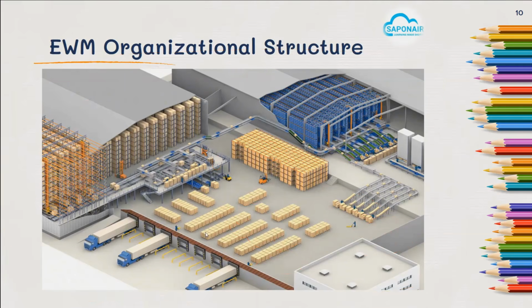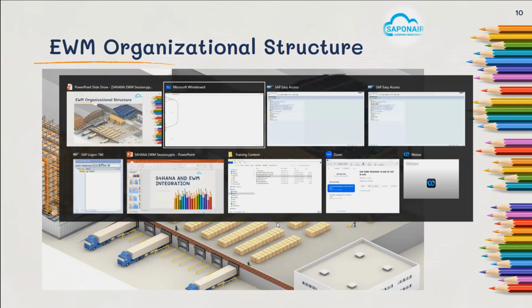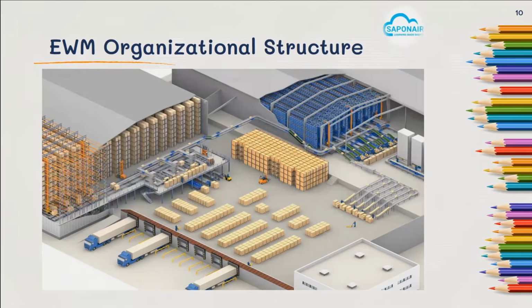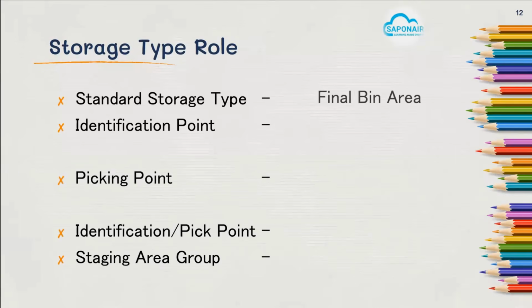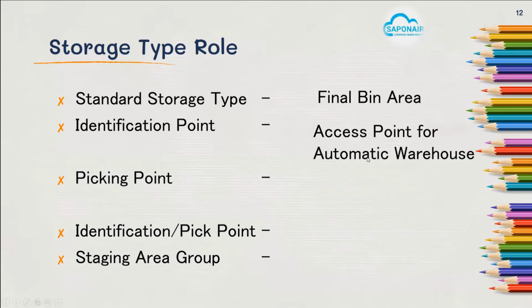So these are different for the system to understand. Even though I have a storage type, for the system to understand what kind of storage type it is, we call this a storage role. Here you see we have standard storage. We have many different storage type roles. Standard storages are where you have final bins, and you have identification points and picking points.